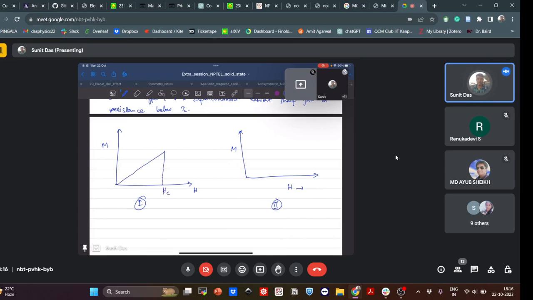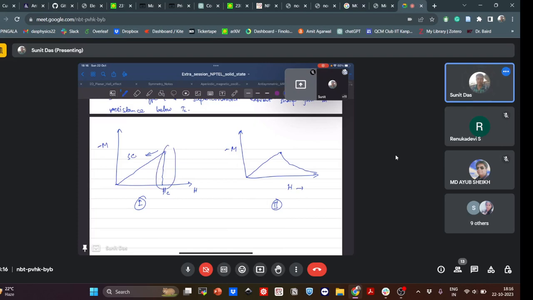That means this region is the superconducting state, and this is minus M. What happens for type 2 is that it is somewhat like type 1, but after a certain magnetic field it starts decreasing, but there is no sharp decrease like this one.